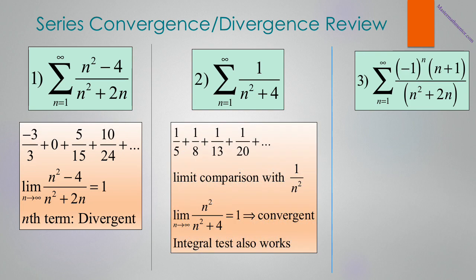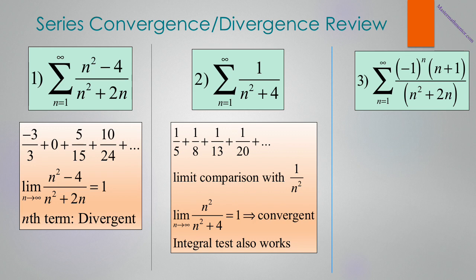Number 2 reads summation n equals 1 to infinity of 1 over n squared plus 4. Our terms are 1/5 plus 1/8 plus 1/13 plus 1/20 plus dot dot dot. The easiest test to use here is the limit comparison test with 1 over n squared, which is a convergent p-series.